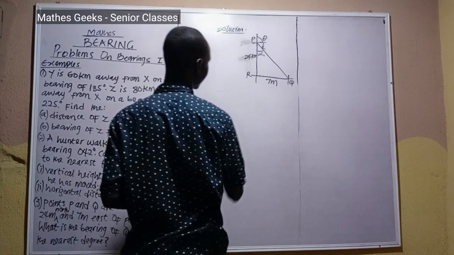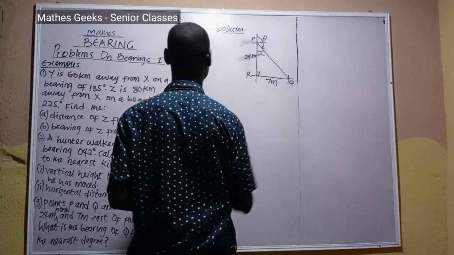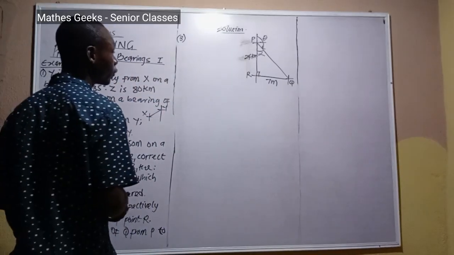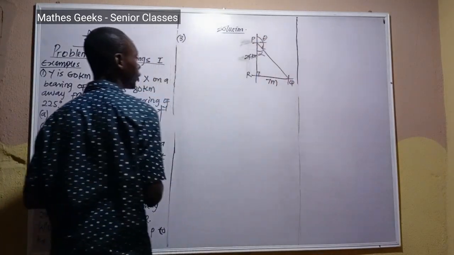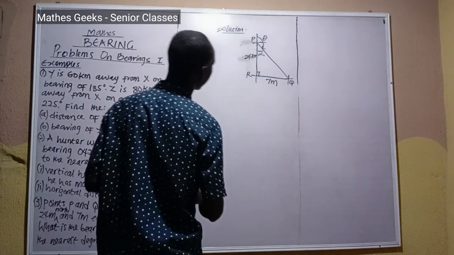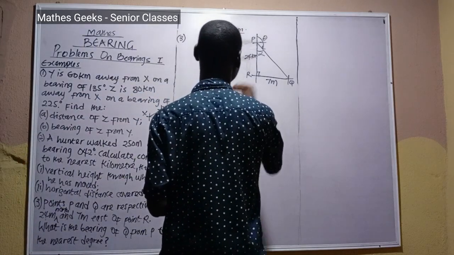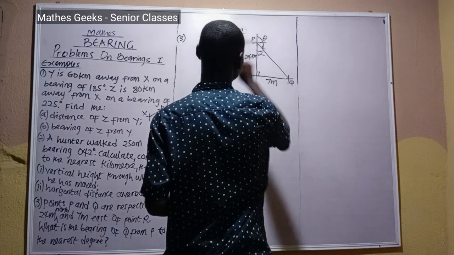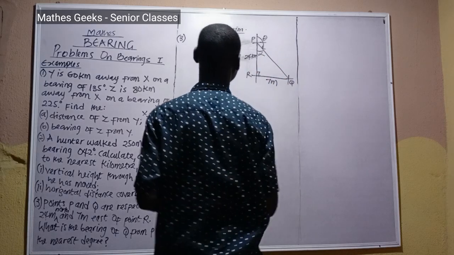So first of all, let's solve to get alpha. So this is 90 degrees. Since the question did not want us to get the distance between P and Q, let's go right away to our question. So can we use the sine rule? No, we can't use the sine rule. So we are going to use trig ratio. This is opposite over adjacent, so that's tan.